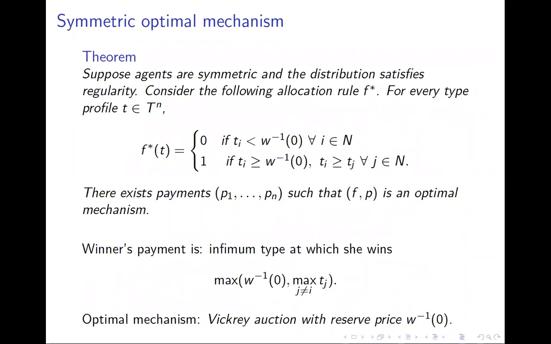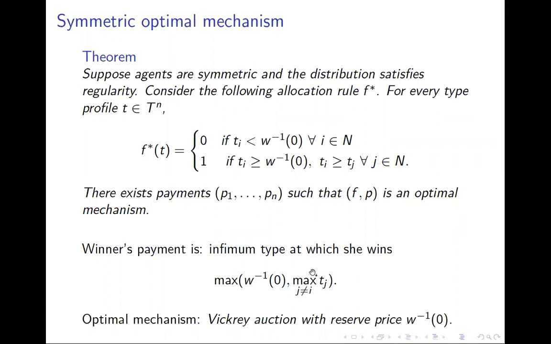Essentially, the reserve price is the seller saying that I will only sell if the buyers have high enough value. The reserve price also comes in the payment. The advantage of the reserve price is that you collect more revenue.